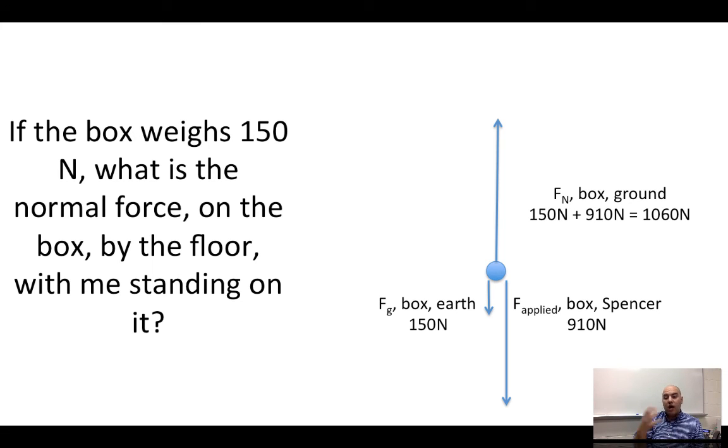We also have my applied force pushing down, which is 910 newtons, which means that the support force of the ground is going to need to push up an equal amount to offset all of those downward forces. So in this case, the normal force would be 150 newtons plus the 910 newtons from me, to add those up to get 1,060 newtons.